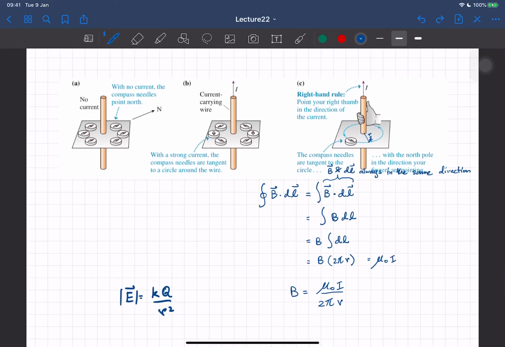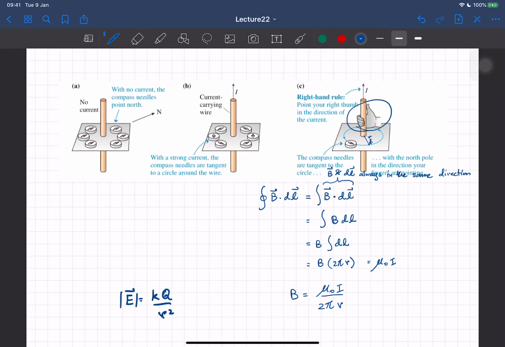Okay, and the direction follows the right-hand rule, right? So it's going around like this if the current is going up. You should verify by yourself that if you reverse the current direction so it's going down here, then the magnetic field will go around in the opposite direction.